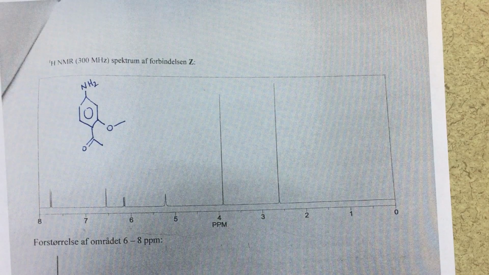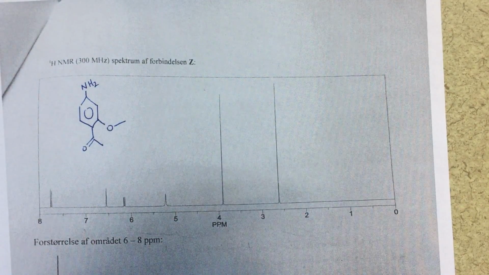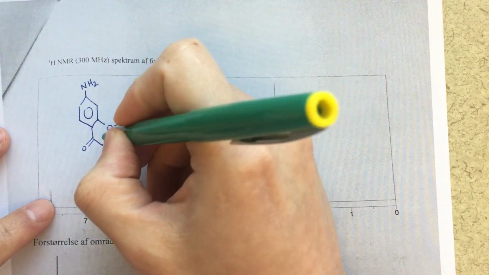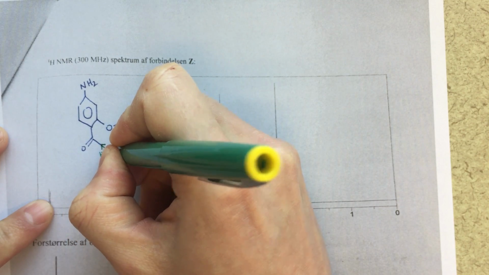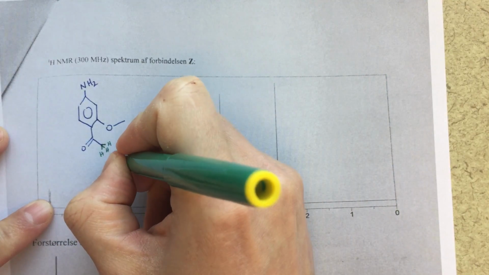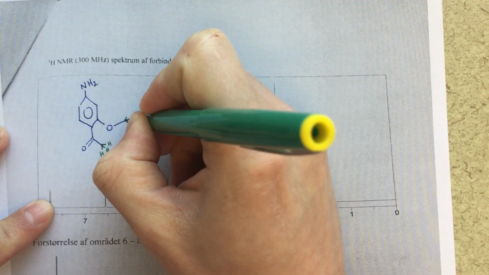So for this, again, the first thing that you're always going to want to do is to figure out the different chemical environments, the different protons that you have, and how many you have, and give them a label. So I would start out here with these methyl groups. So I'm going to put my 3 little hydrogens out here. So off of this CH3, we'll call these A. Over here, we're going to have, again, 3 protons.